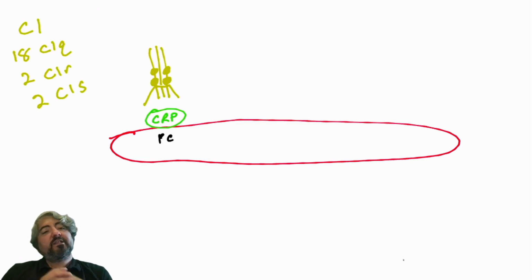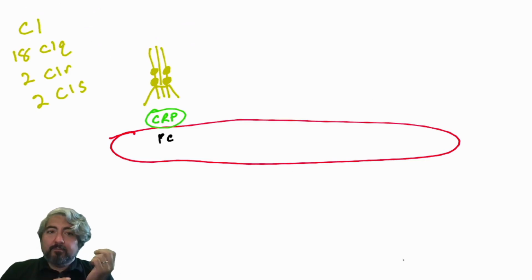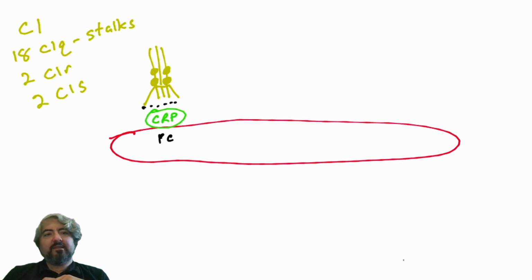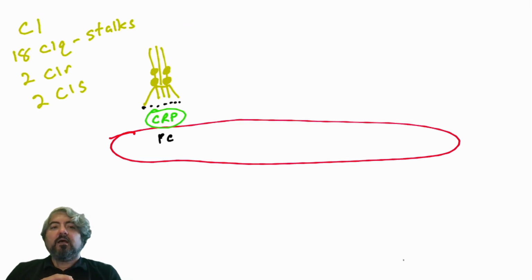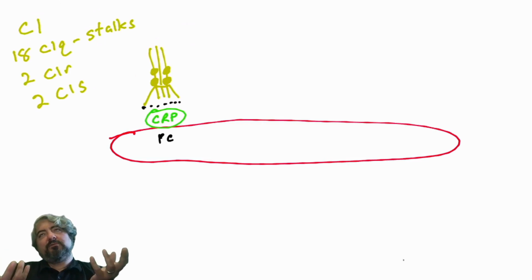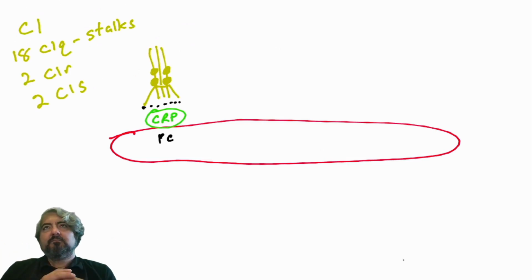There's a protein called C1q, and in this drawing, the C1q proteins are those long stalks, and they actually have the physical interaction with the CRP protein. So this large broom-like complex is made of mostly C1qs. And the C1q protein in the C1 complex actually binds to the CRP protein.